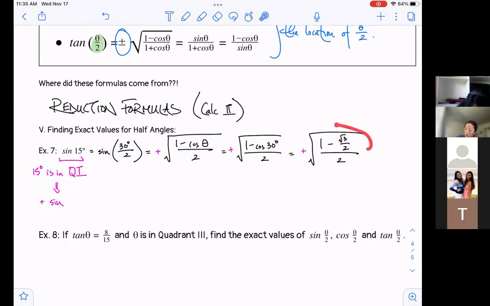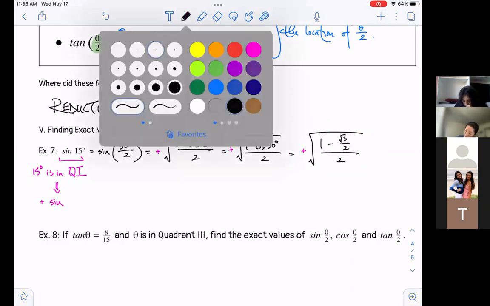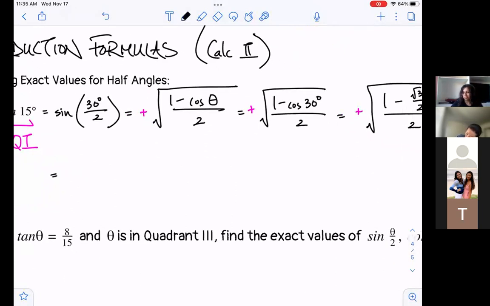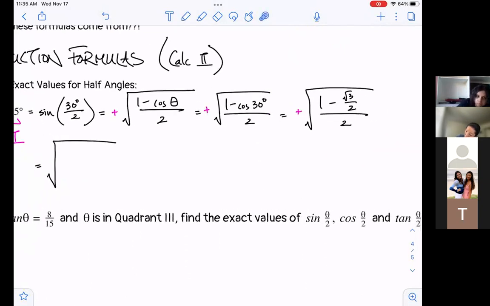Now at this point, we got to do some algebra. We got to work with our fractions. We got to work with our square roots and simplify this, okay? So we bring it back over here. Maybe the first thing that I would want to do is in the numerator, I would want to make a common denominator. And so I would get (2 minus √3)/2 all over 2.